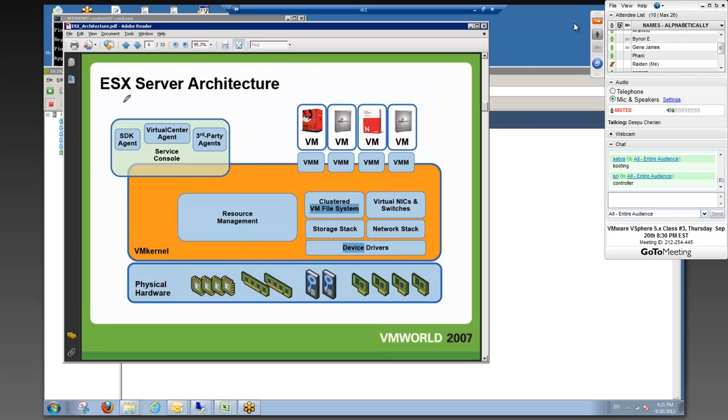If I want to write some SDK agent, basically for backing up, I can use, let's say, NetBackup or CommVault or EMC's Avamar or any other backup technologies. They want to talk to this VM kernel and back up this VM, or let's say back up the whole kernel itself.